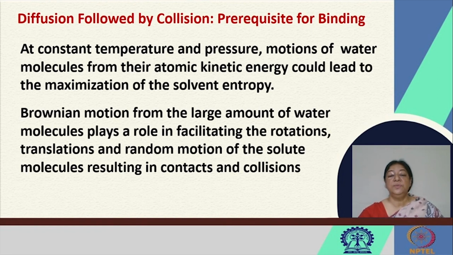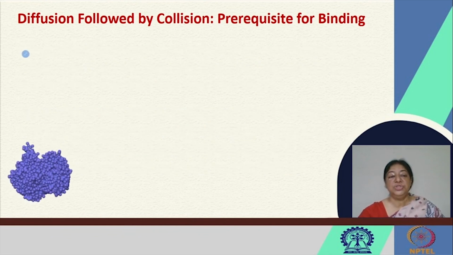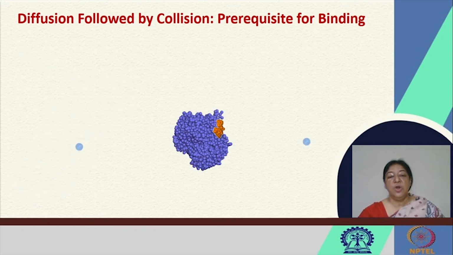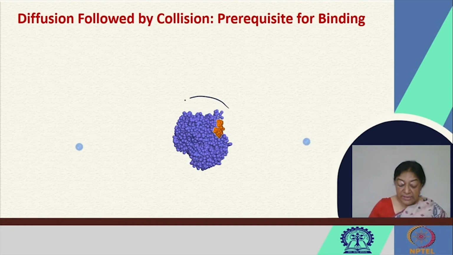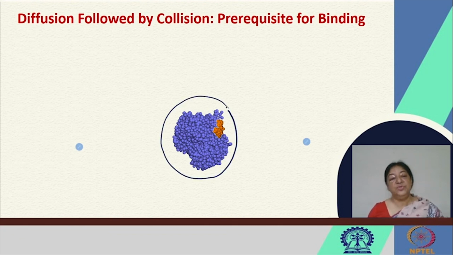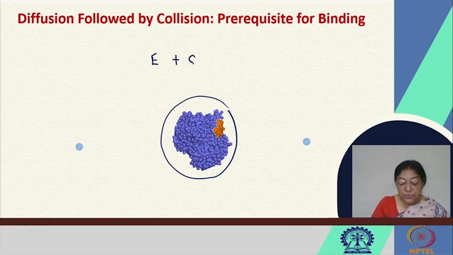So the Brownian motion from the large amount of water molecules plays a very important role in facilitating the rotations, translations, and the random motion of the solute that would result in these contacts and collisions, and we would have a fruitful collision, a fruitful formation of the complex when we look at the specific enzyme substrate complex formed from our enzyme in solution, our substrate in solution, the proper geometry and the proper association, and this would give us our enzyme substrate complex.